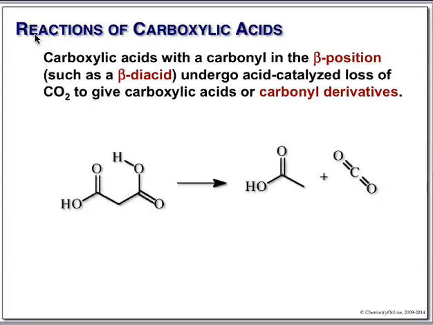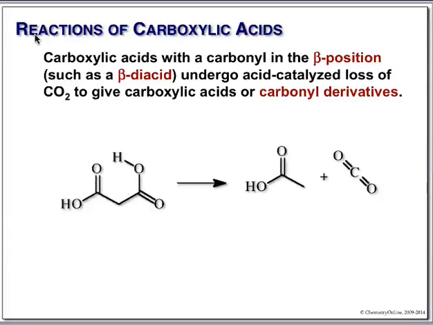What you need is a carbonyl that is beta to a carboxylic acid. Now remember, when we do alpha beta, alpha is the first carbon, beta is the second. So a beta carbonyl acid. In this case, we have a beta diacid.